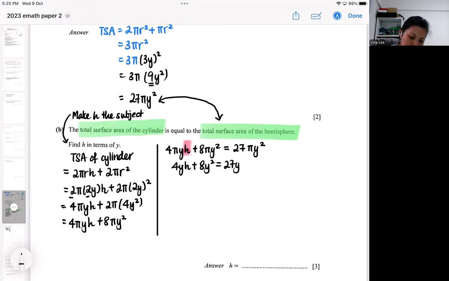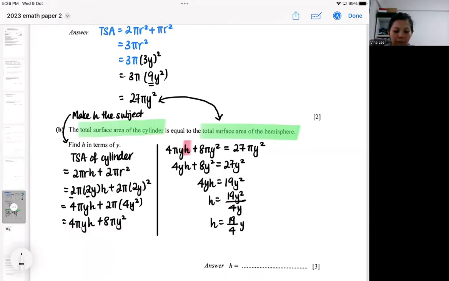And once you divide by pi, you realize that there is a 27y squared and an 8y squared. So in such a case, you can minus over, you get a 19y squared, and that leaves you to divide by the 4y, so that you can get 19 over 4y.